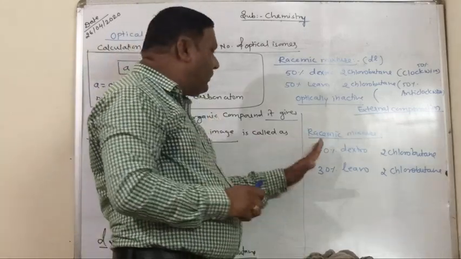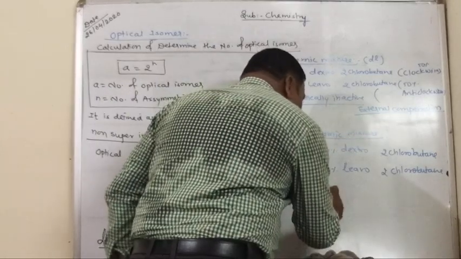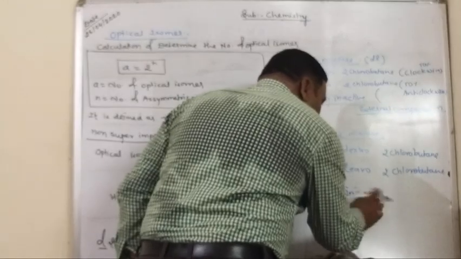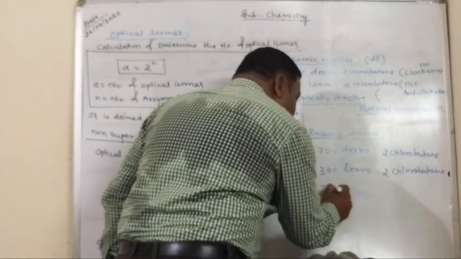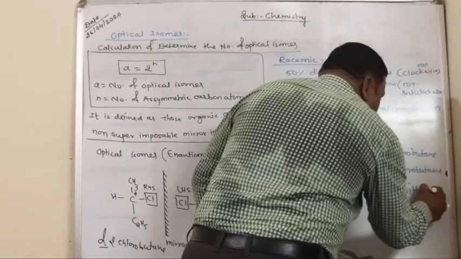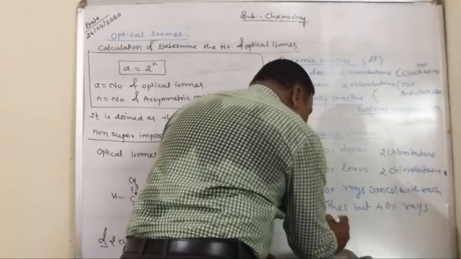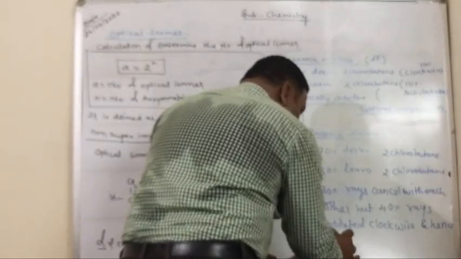Understood? Because 70% rotate clockwise and 30% anti-clockwise, here we can write that 30% of rays cancel each other, but 40% of rays rotated clockwise, and hence this mixture is dextro rotatory.